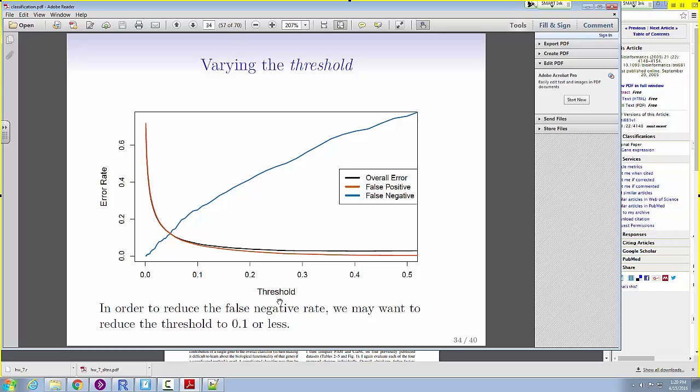Should the threshold be 0.5? If P is bigger than 0.5 for cancer, I'm going to classify you as cancer. Or should it maybe be something smaller? And in this case, here's the overall error rate, by false positive and false negative.